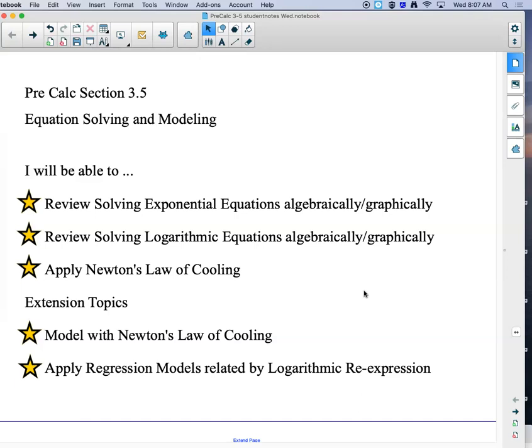And we'll talk a little bit about the modeling and the regression models. We're truly getting to the point where when we have data, we should be able to put that in our graphing calculator, take a look at the scatter plot and say, oh, that looks like a certain model, and then use that regression model in order to get the best model possible for what we're doing.